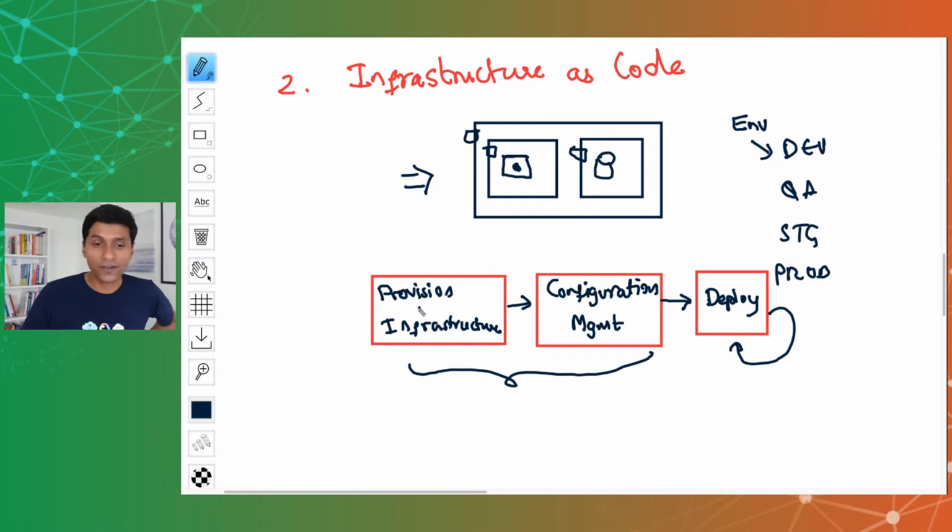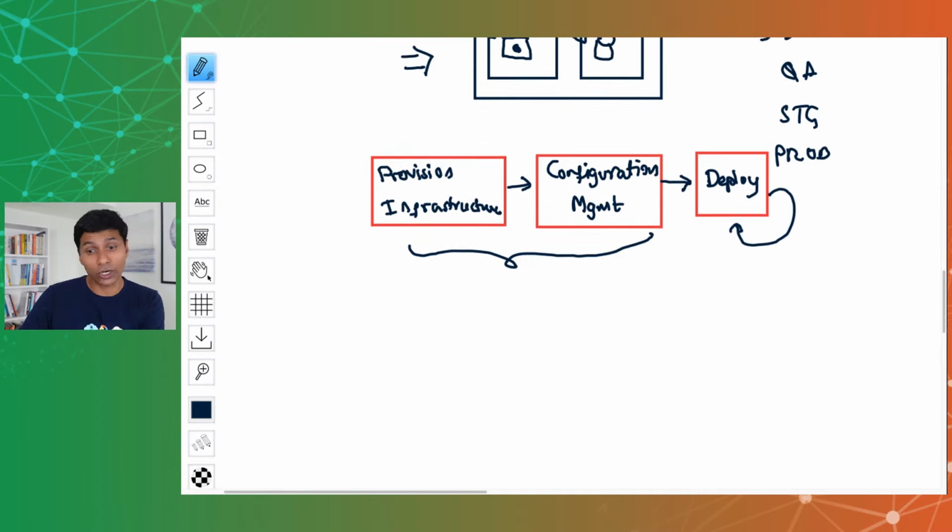Provisioning infrastructure is basically creating the VPC, subnets, your database, creating the rules and all that stuff. Configuration management is to make sure that you have the right configuration for the resources you have provisioned. If you have provisioned a VM, you might want to install the right software on it. You want to make sure that it has the right security patch installed on it.